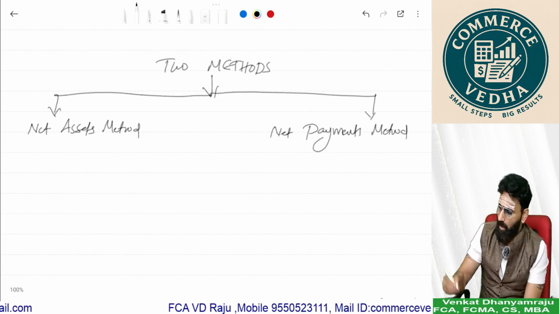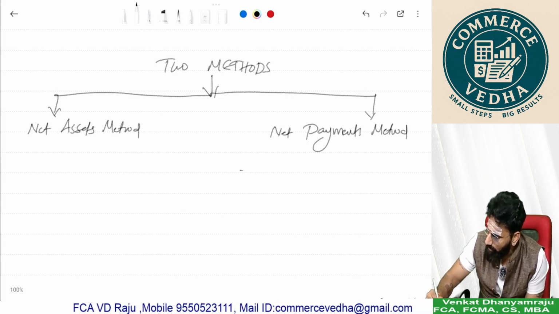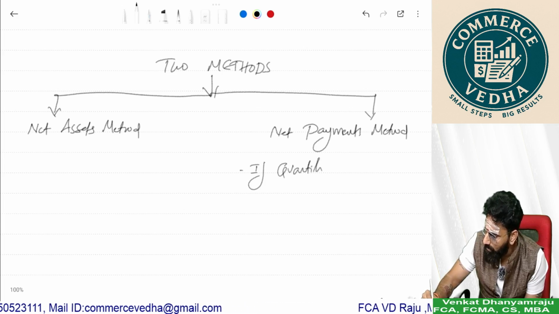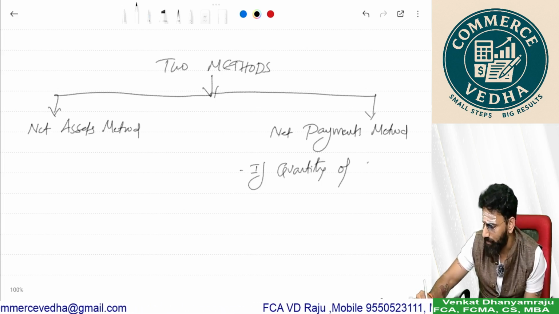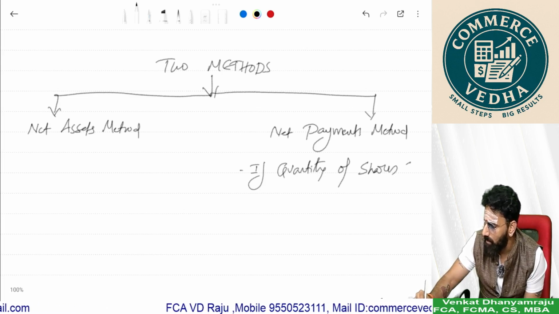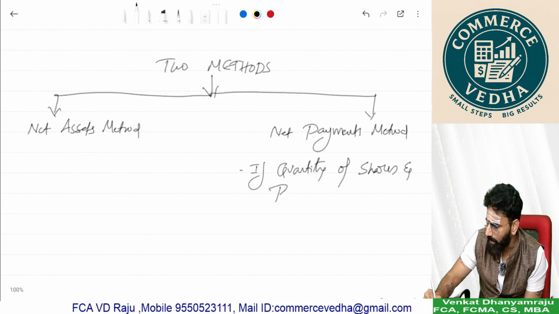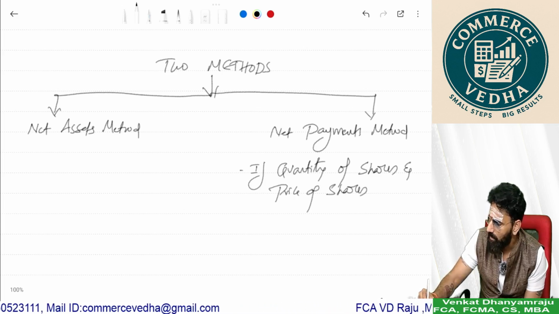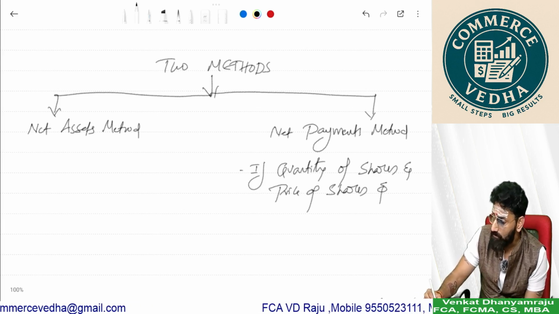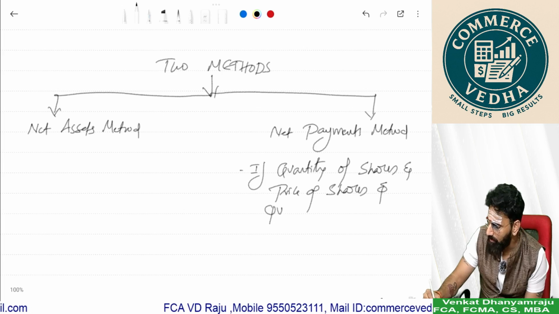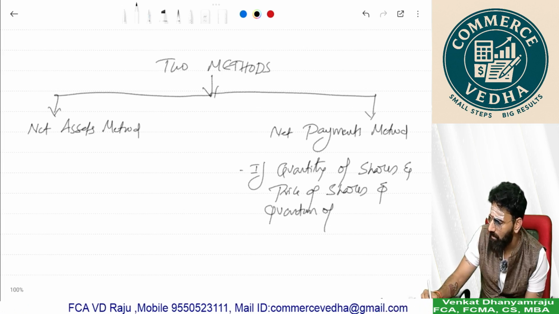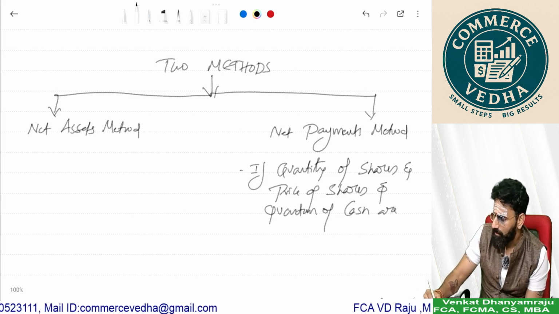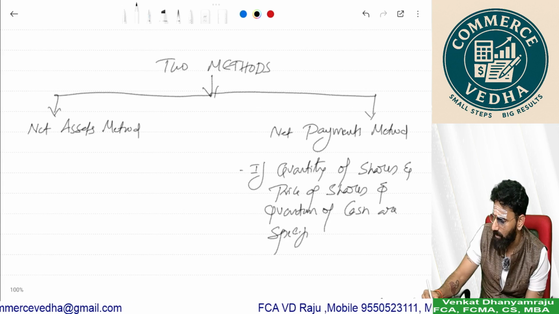Say, suppose the quantity of shares, the price of shares, and the quantum of cash are specifically available.